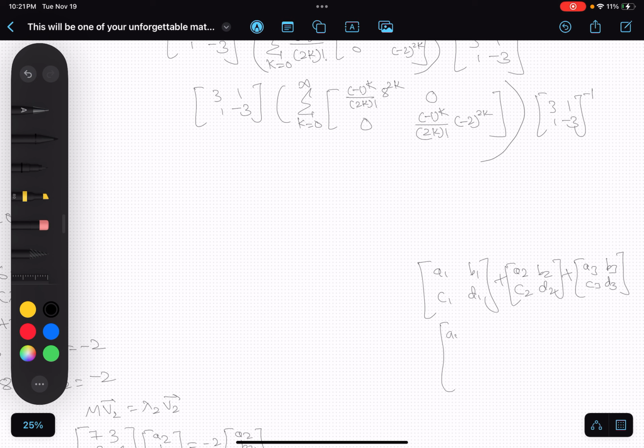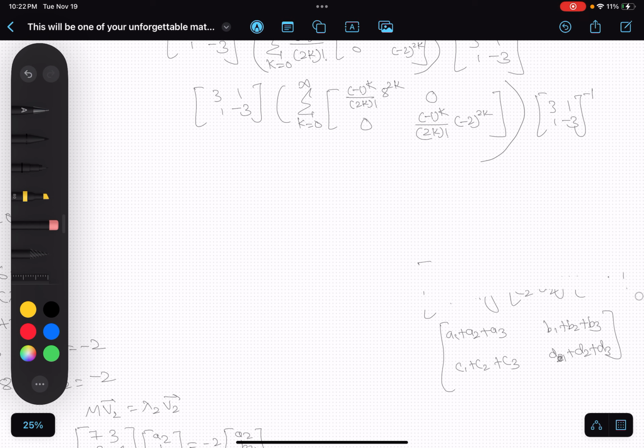Just the first components will be added, the second components will be added, the third components will be added, the fourth components will be added. So over here also, while solving this matrix, the same thing is going to happen. All the first terms will be added, all the second terms, all the third terms, all the fourth terms will be added.